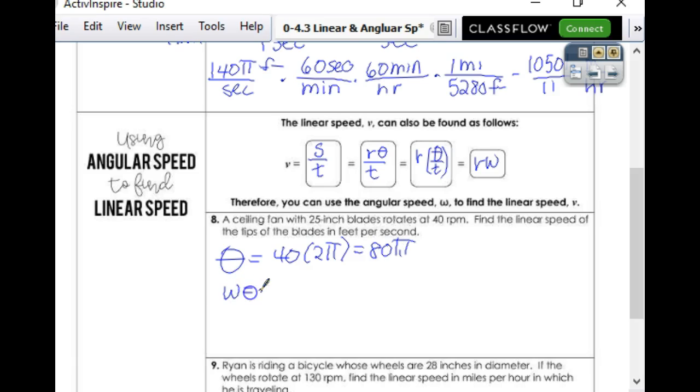So my W is going to be 80 pi over 1 minute. So I'm going to get 80 pi radians per minute. And then all I have to do to find the V is multiply by what? The R, and the radius is 25.